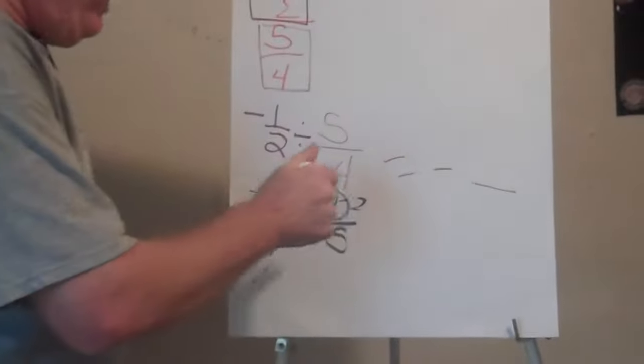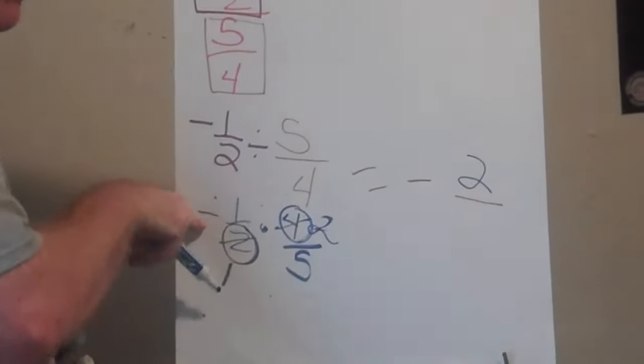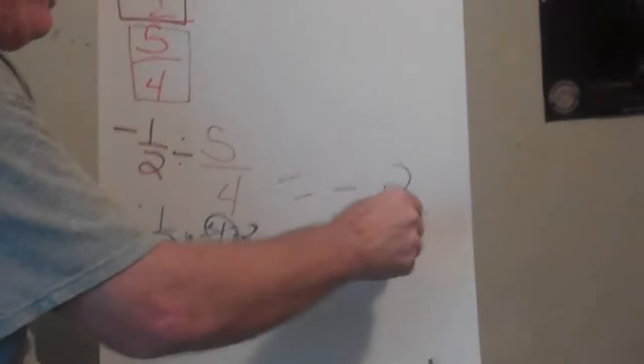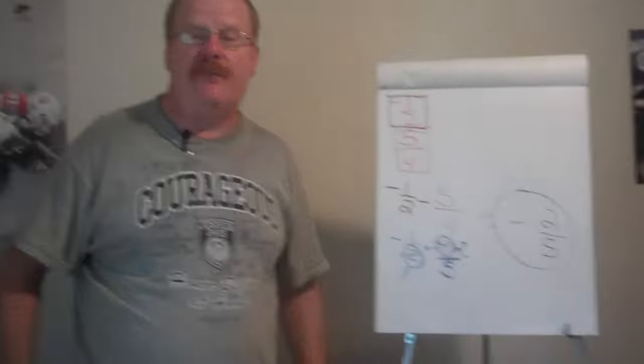So now -1 times 2 is -2. We already have our negative sign there. 1 times 5 is 5. We went from a very ugly problem, students, to our answer, -2/5.